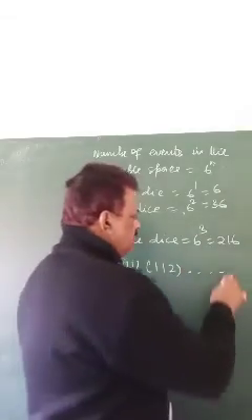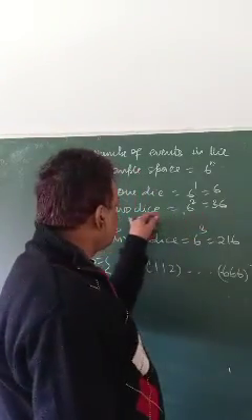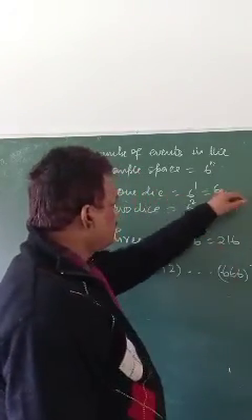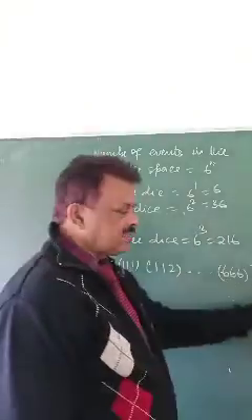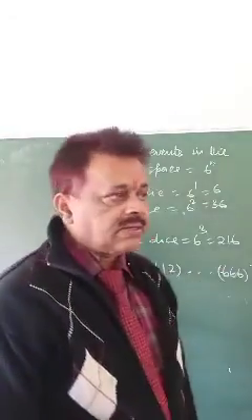The last one will be 6 6 6. Like the last one here was 6 6, here the last one will be 6 6 6. So how many total? 216. Okay, this is about the die.